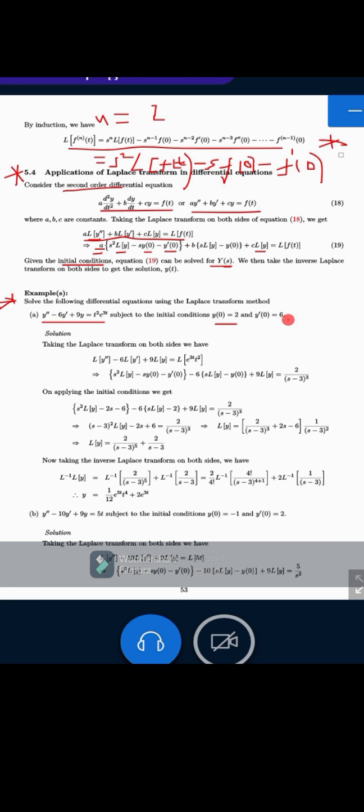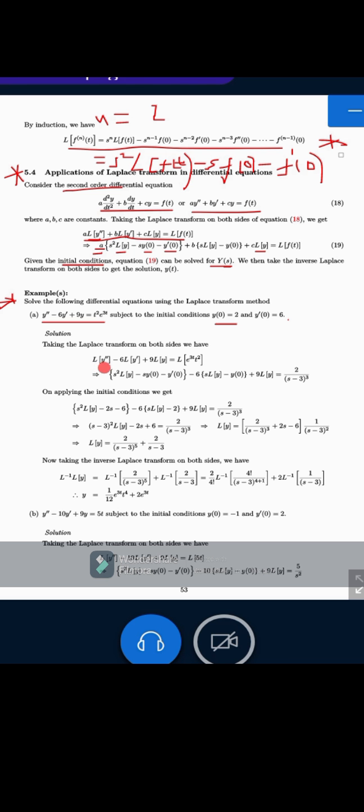So what do we need to do? First of all, we need to take the Laplace transform on both sides. So meaning, what we'll have will be what?